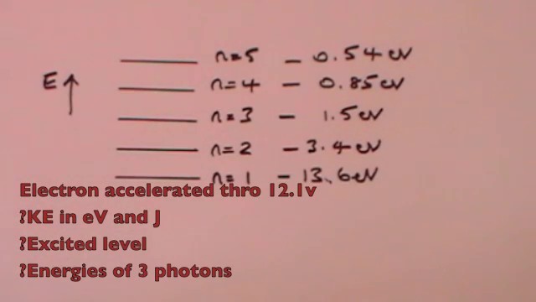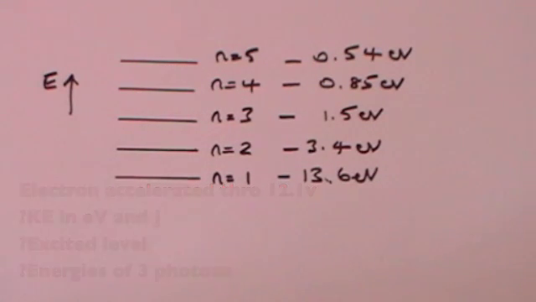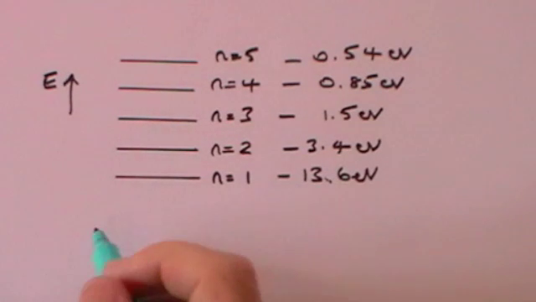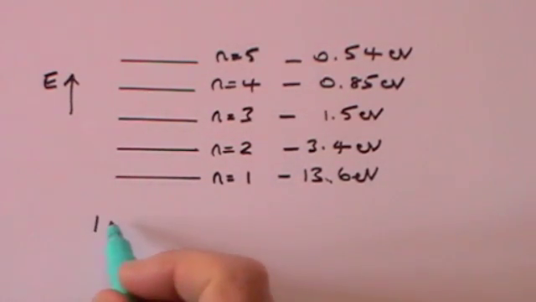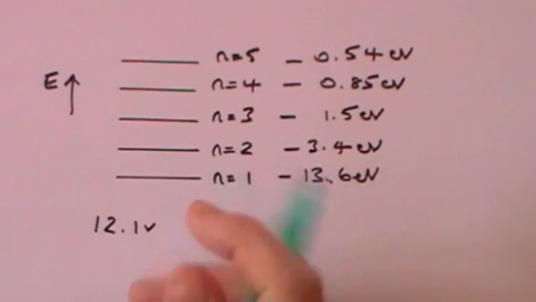We're asked to find what level the electron would be excited to, if it were originally in the ground state. And then thirdly, we're asked to identify the three energies of resulting photons that might arise as a result of that excitation.